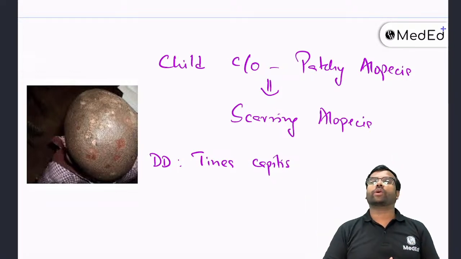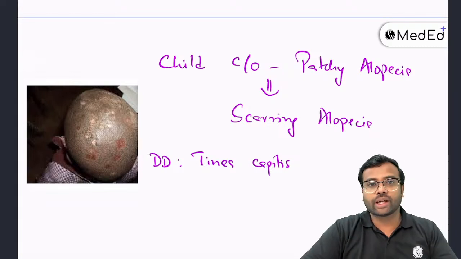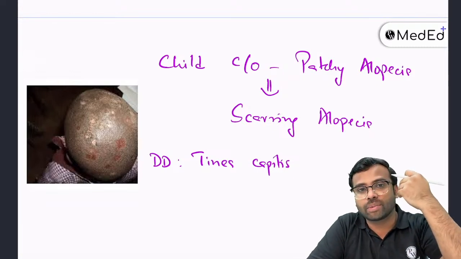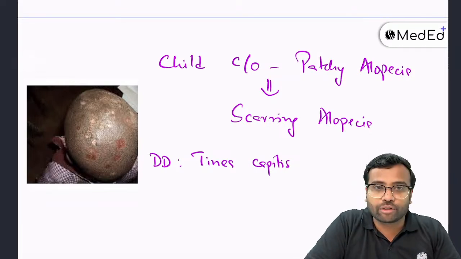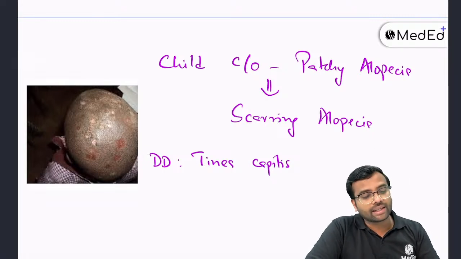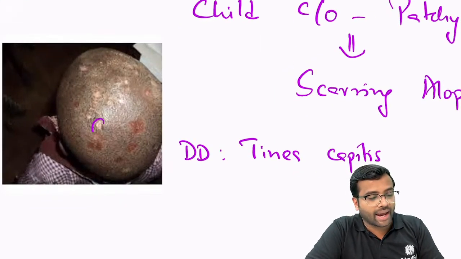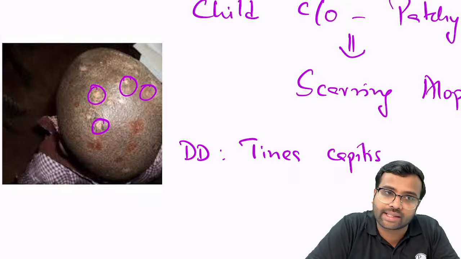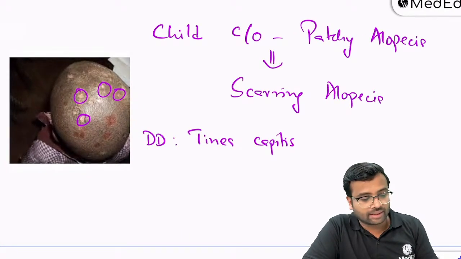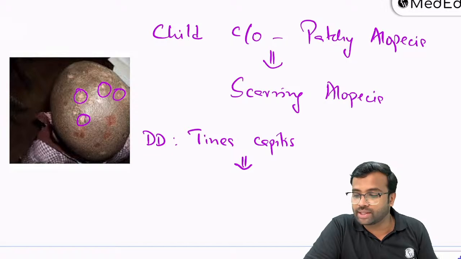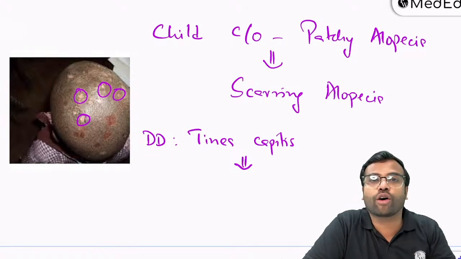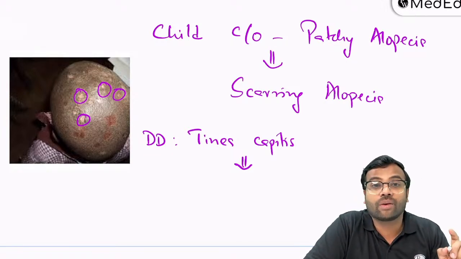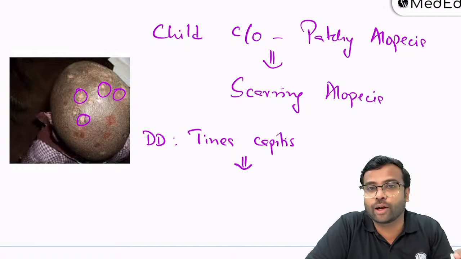Potassium hydroxide mount is going to be positive, so then you confirm and give treatment with griseofulvin or terbinafine. Everything I agree. But in case the child ends up with multiple patchy alopecia like this, this is going to be Tinea Capitis itself, but the type of Tinea Capitis which can lead to a scarring alopecia.